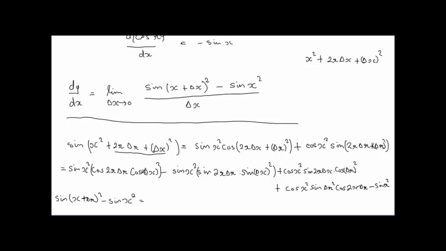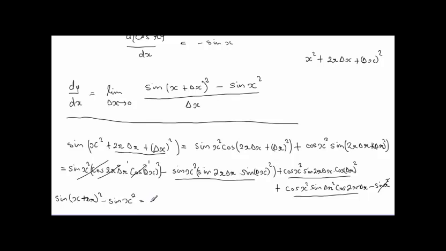Note that here the argument of cosine is very small. It's actually delta x squared, which is smaller than delta x, and here we've got delta x cos that. So these two cosines are going to approach 1. In that case, this part and that are going to simplify. So we're going to be left with this term, this one, and that. Now it's 3 terms. So let's see what that gives us.